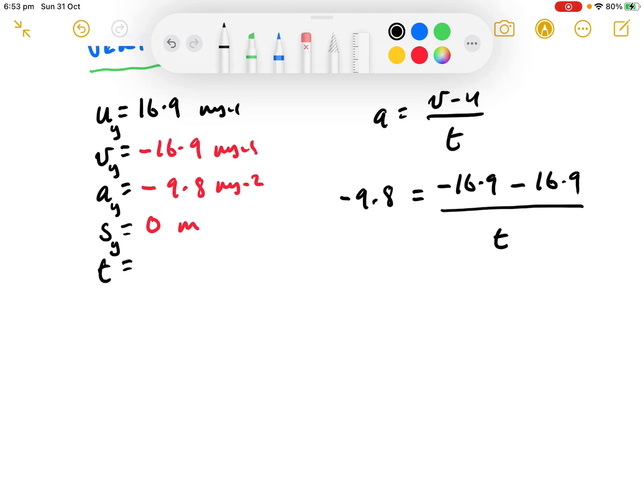Okay. Well, rearranging the algebra tells me that minus 16.9 minus 16.9 is minus 33.8. So that's minus 33.8 divided by the minus 9.8. And that gives me a time of 3.5 seconds.